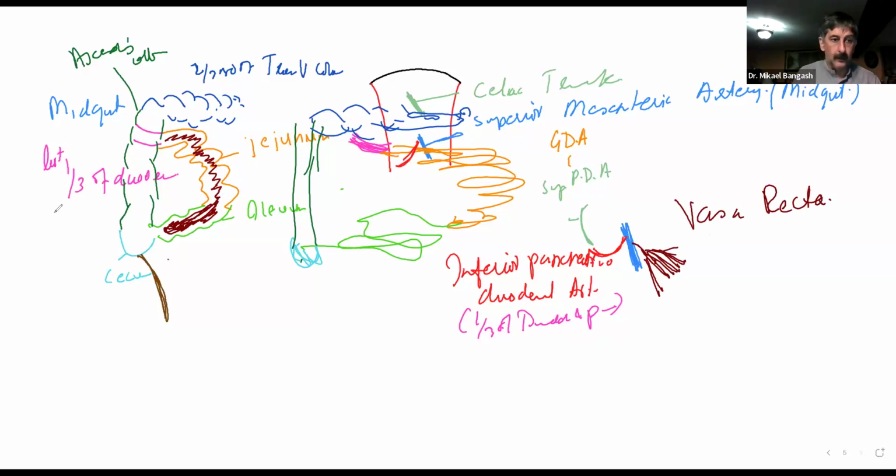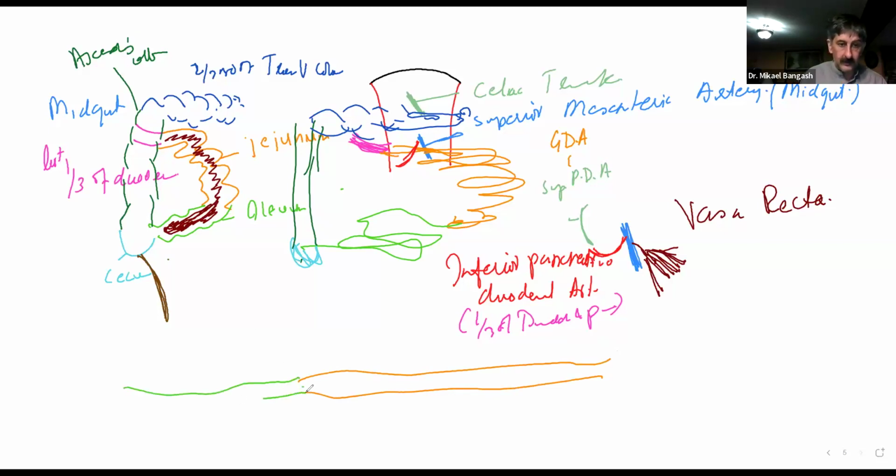Now, guys, structurally speaking, if you look at the jejunum and the ileum, just by looking at the intestine itself, you will not be able to say which part is the ileum and which part is the jejunum.